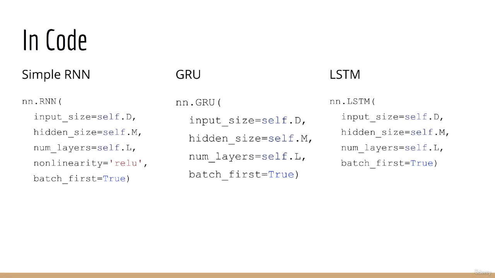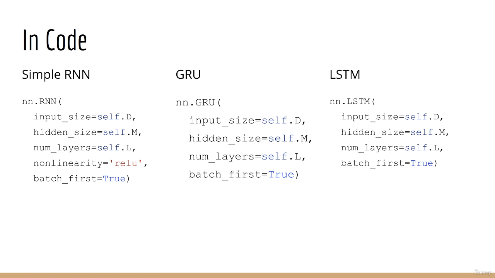In terms of code, how do the GRU and LSTM work? As promised, these have the same or similar API as the simple RNN, so if all you wanted to do is plug in a GRU or LSTM in place of a simple RNN, it can be almost as simple as changing the name. Let's start with how to instantiate a GRU and LSTM. As you can see, it's almost exactly the same as a simple RNN.